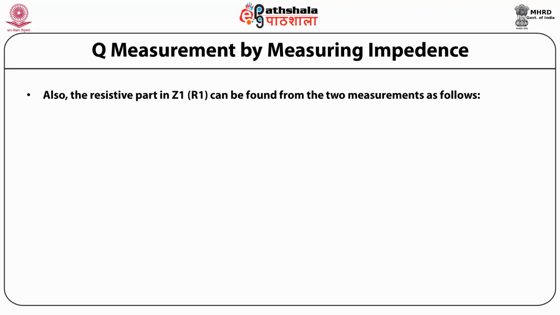Also, the resistive part in Z1, that is R1, can be found from the two measurements as follows.